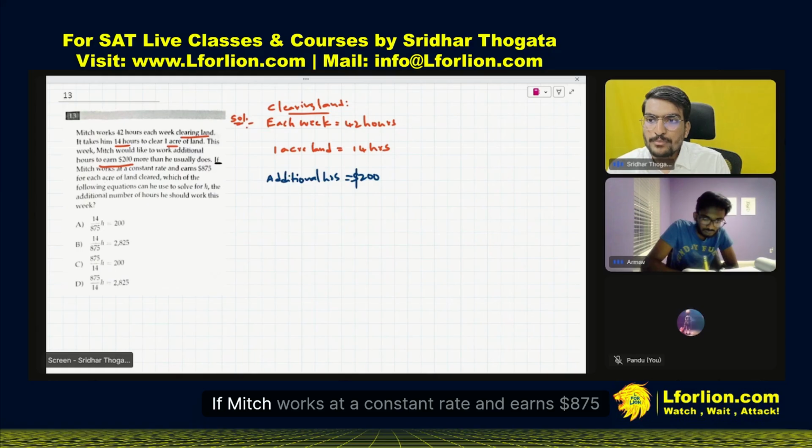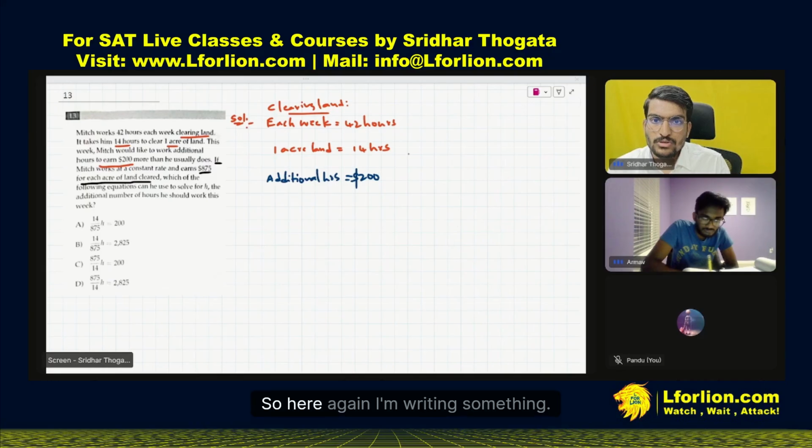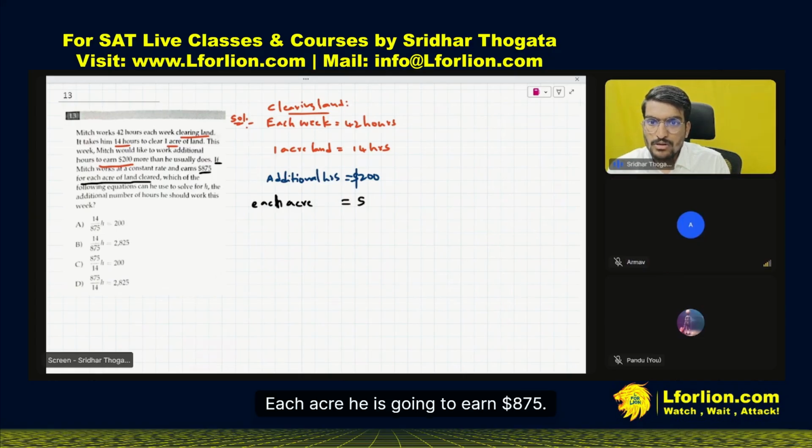If Mitch works at a constant rate and earns $875 for each acre of land, so each acre he is going to earn $875.